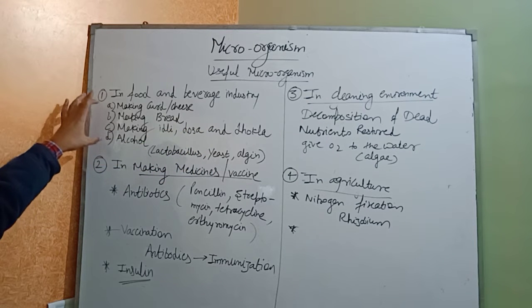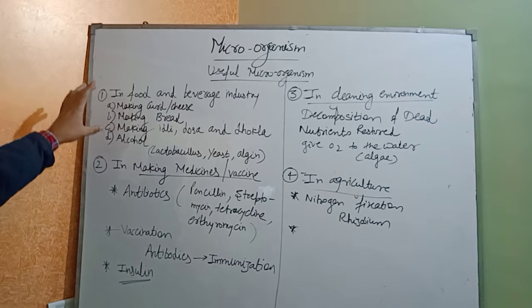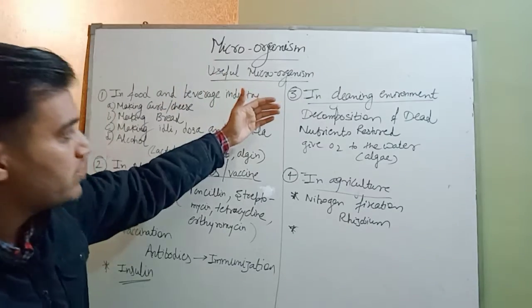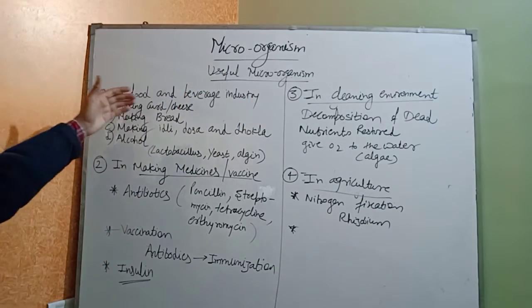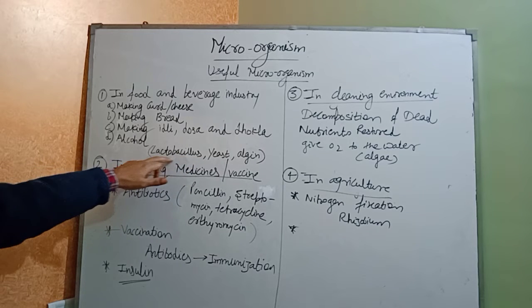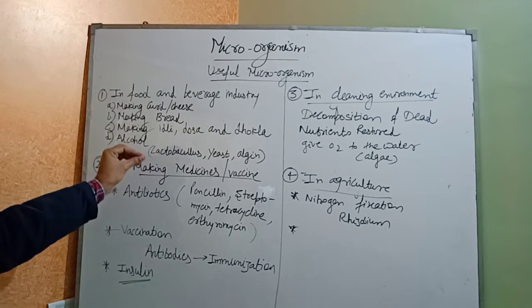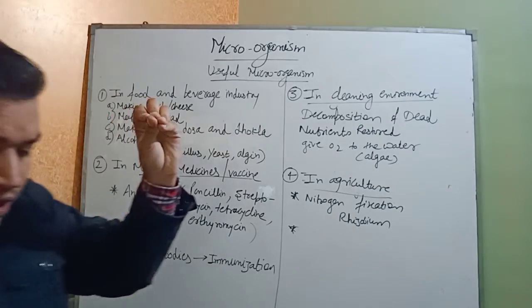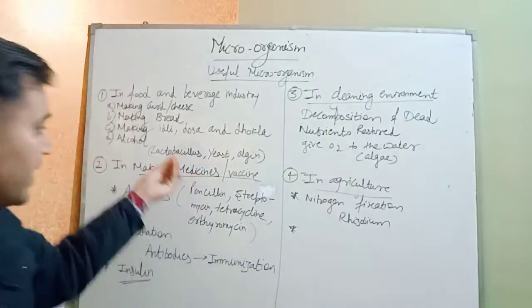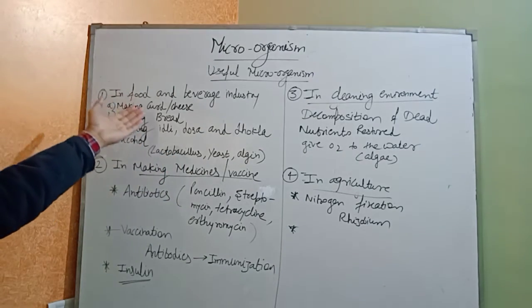These are the main 4 fields where microorganisms help us. How do bacteria help in the making of curd? A bacteria named lactobacillus helps to convert milk into curd or cheese. So these bacteria help in the making of curd and cheese.